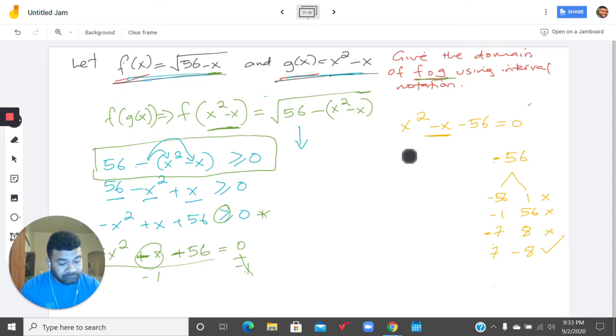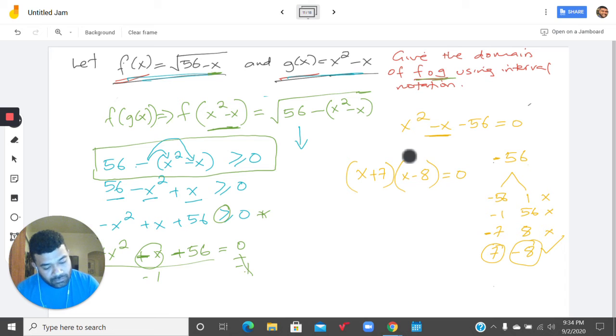Now we know that our factors are a positive 7 and a negative 8, which means we'll have x plus 7 and x minus 8, and the whole thing equals 0.